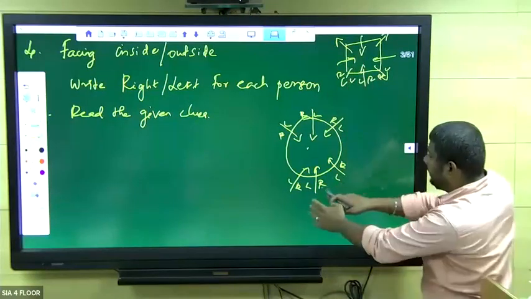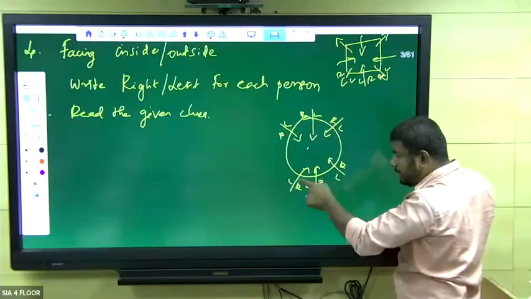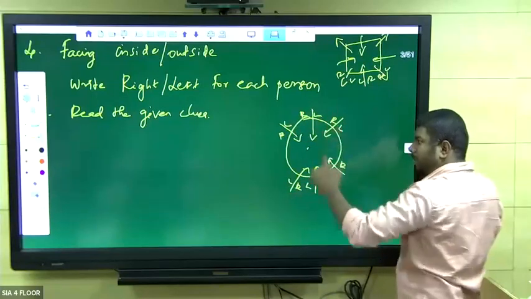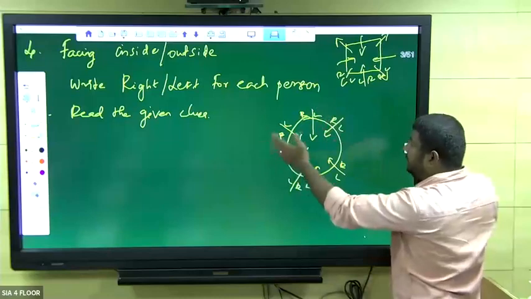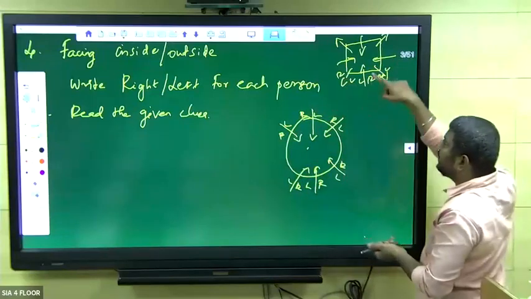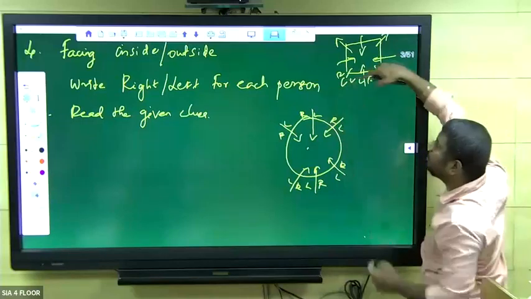Here we can assume that the right is this side for all these three persons, and this is the left. But here each person's direction will change. For this person, the right-hand side is this side. For this person, because he is facing outside, it is this side.